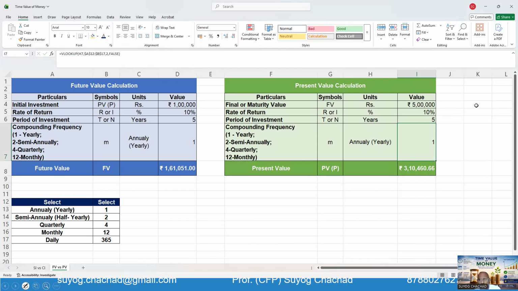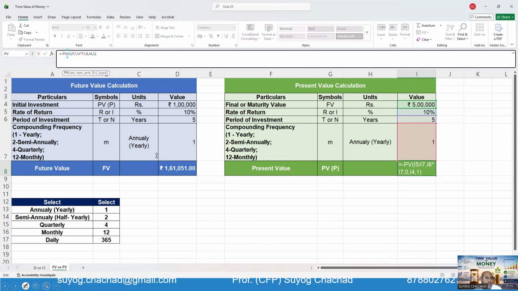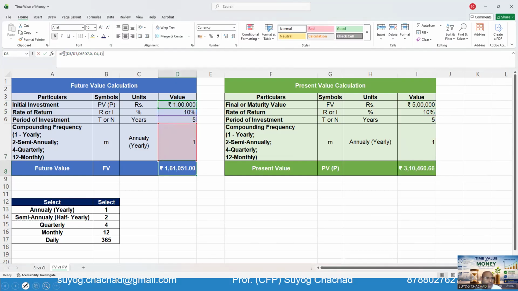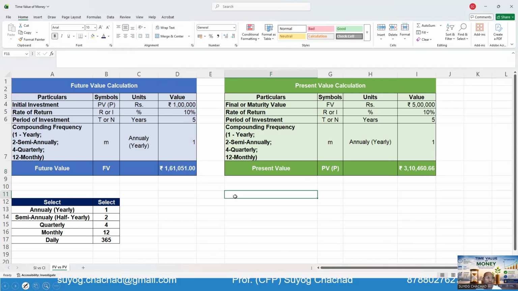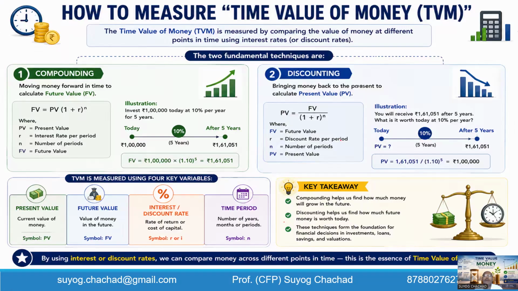Okay, using the same formula, or Excel has different formulas. Here you can see the PV calculation formula, or you can have an FV calculation formula. So Excel has different formulas which you can use to calculate future value, present value, and rate of return or period. Or you can use a simple formula. If you know 5 lakh rupees is what you want after 5 years, then 1 plus R is nothing but your rate of return or discounting rate, which you are considering as 10%.